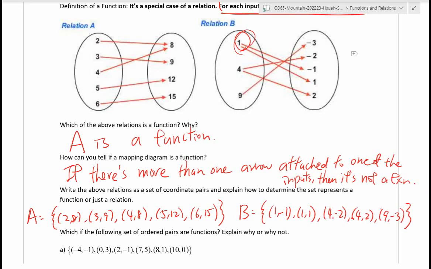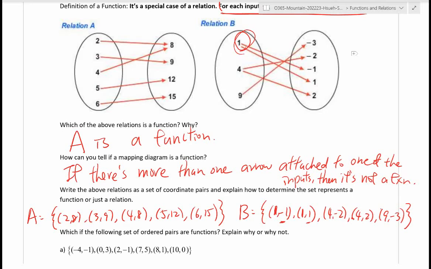Now, from looking at the ordered pairs or the coordinate pairs, you can see that for each input here, 1 and 1, it produces two outputs, right? For that input, it produces two different outputs, and therefore that is not a function.